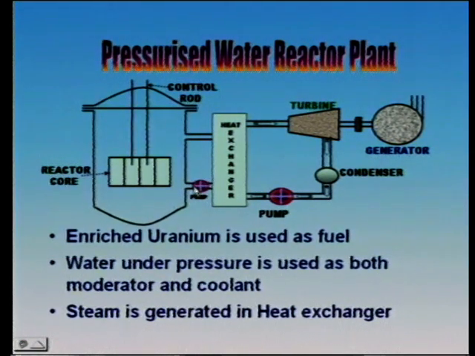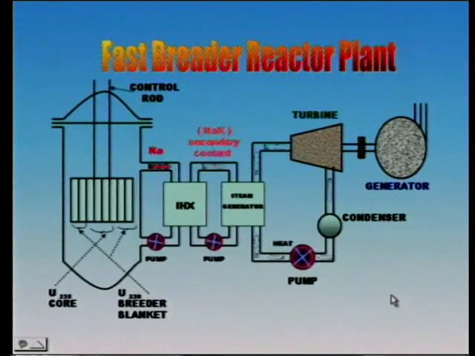As said, the water flows through reactor, takes away the heat, flows through heat exchanger. The water flows through the heat exchanger, takes the heat as well as gets converted into steam. Now, let us talk about the next type of reactor that we have. The next type of reactor that we are going to talk about is a fast breeder reactor.